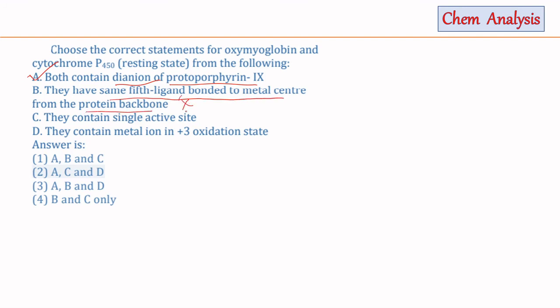It is not correct, since in case of oxymyoglobin the ligand attached at the fifth coordination site is histidine. That is, the nitrogen center of histidine is attached at the fifth coordination site, and in the sixth coordination site there is oxygen. That is for oxymyoglobin.